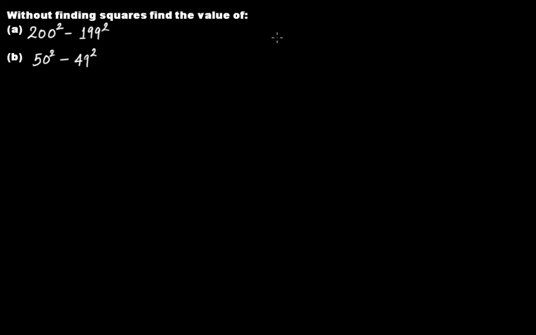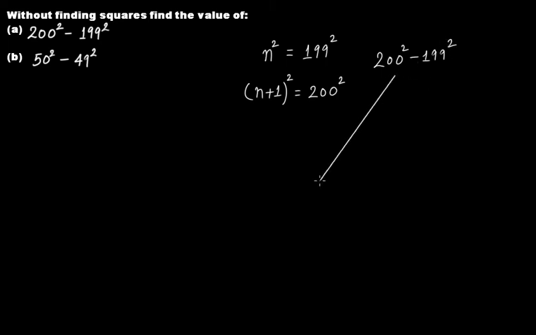The properties were that if you have a number n, and in this case that number n is 199, and there is another number n plus 1 that is consecutive to this one, in this case 200, and you take the square of these two numbers, 199 squared and 200 squared, then the difference between these two consecutive numbers, 200 squared minus 199 squared, can be solved in two ways.